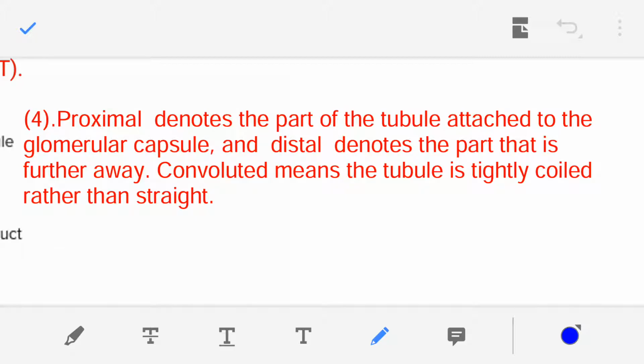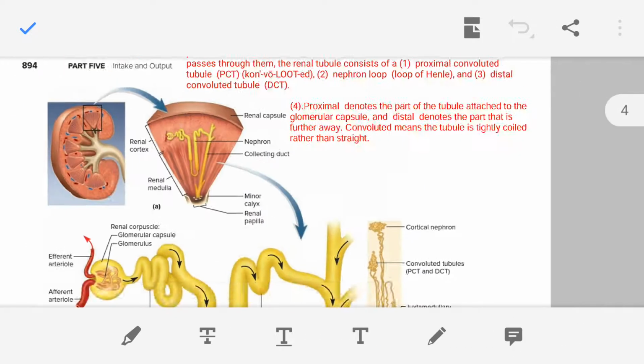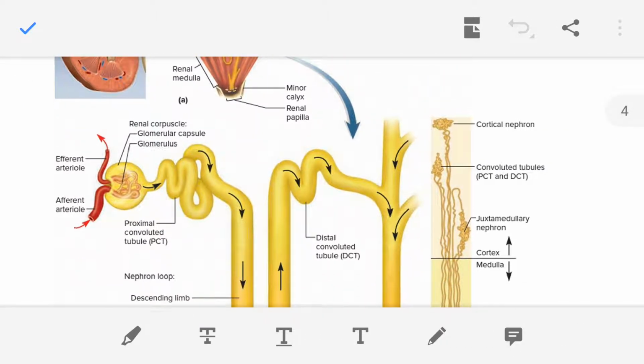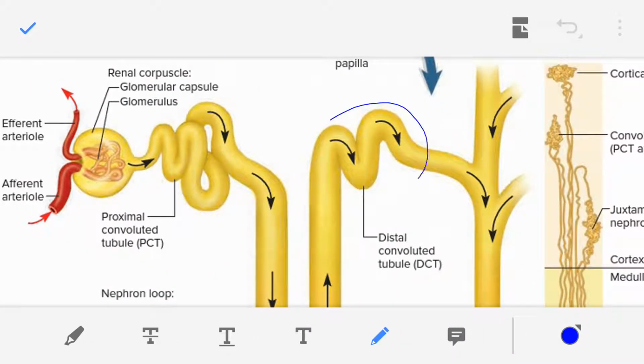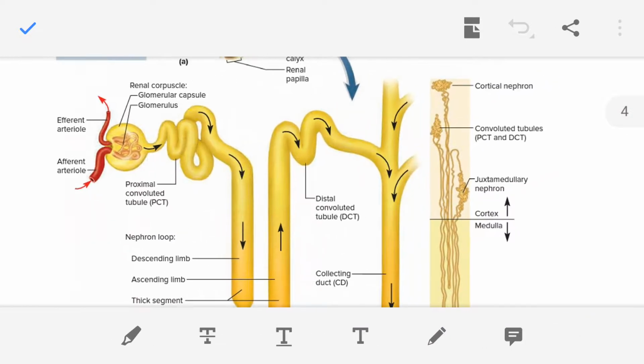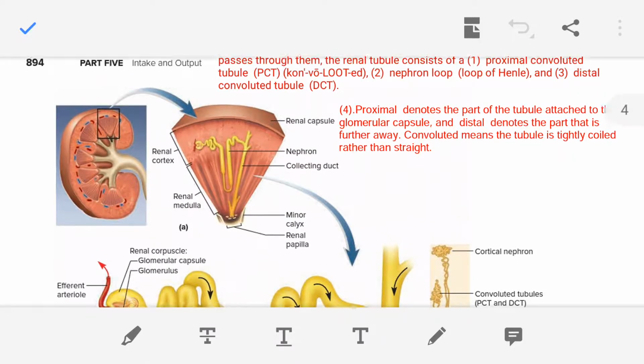So proximal denotes the part of the tubule attached to the glomerular capsule, and distal means the part of the renal tubule which is present further away from the glomerular capsule.